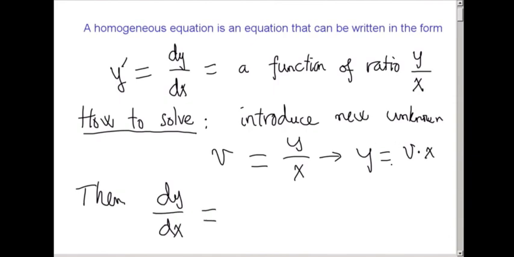Remember that y here is v times x, and we think of v as a new unknown, which is a function of x. So by the product rule, dy dx will be dv dx times x plus v times the derivative of x in terms of x, which is 1.